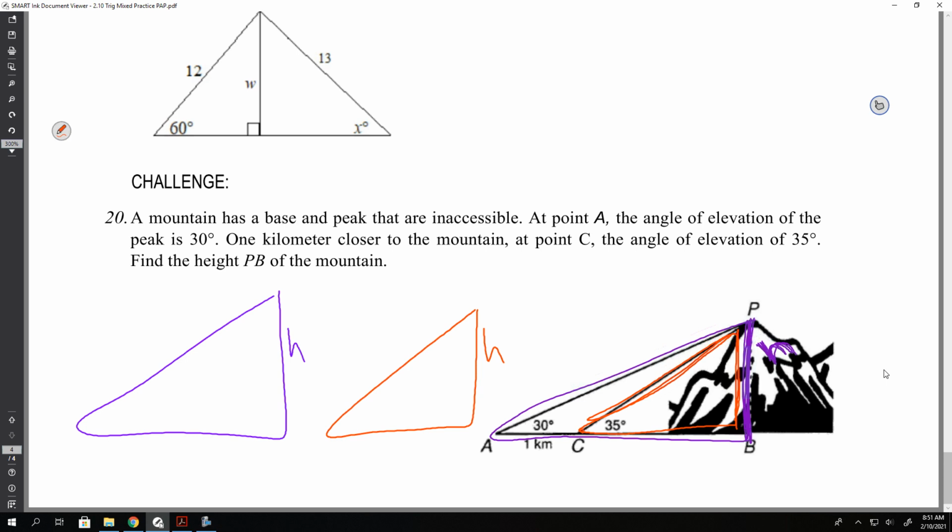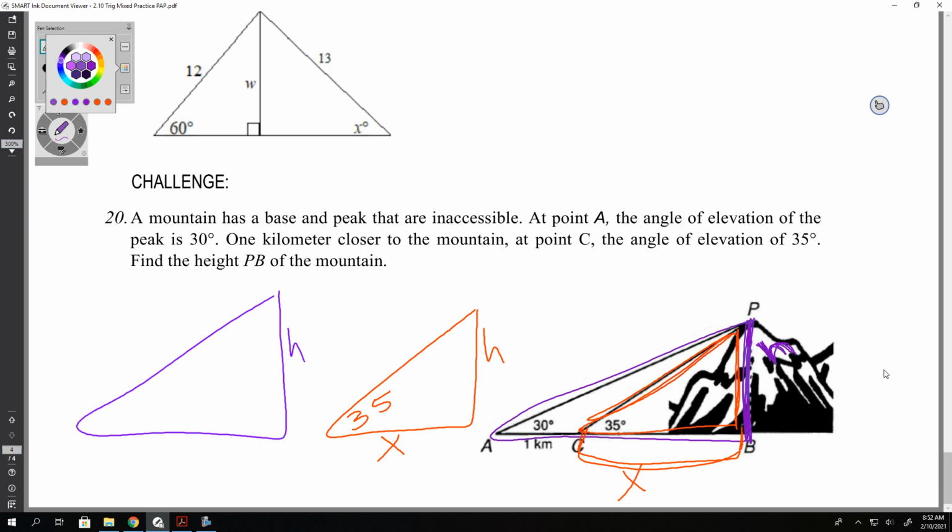Okay, for the small one, CB, I'm going to call that X. So I don't know it. Okay, so X. And then we know here this angle is 35. But then for the big one goes here. It goes all of X plus another 1.